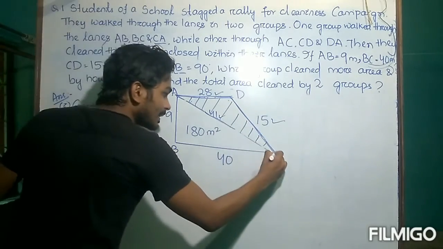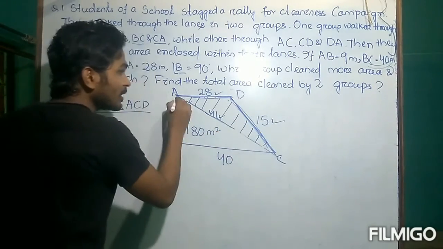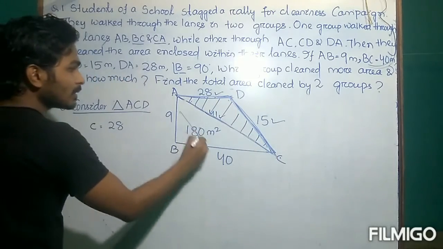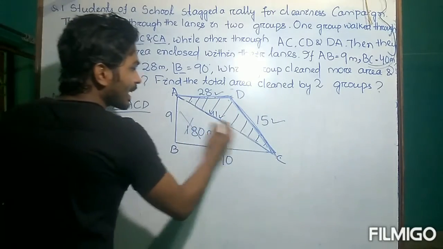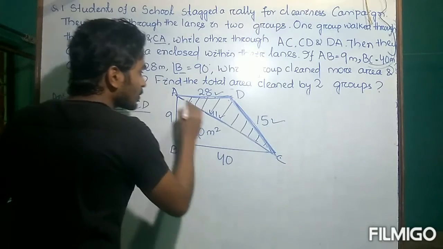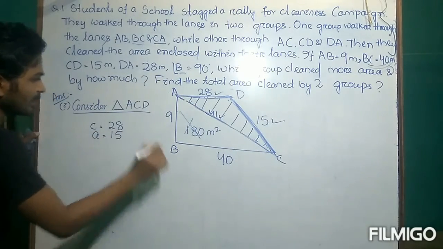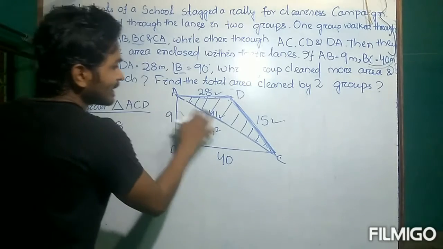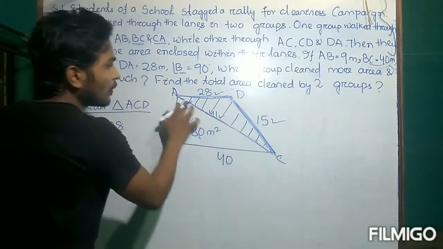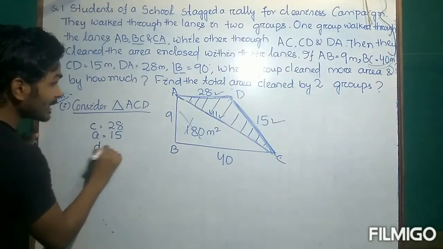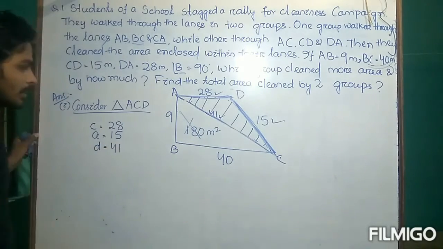Now only consider this triangle, forget about the other triangle. In this triangle, this DC is known as small a. The small a is 15, and this AC is the side opposite to angle D. So small d is given as 41.